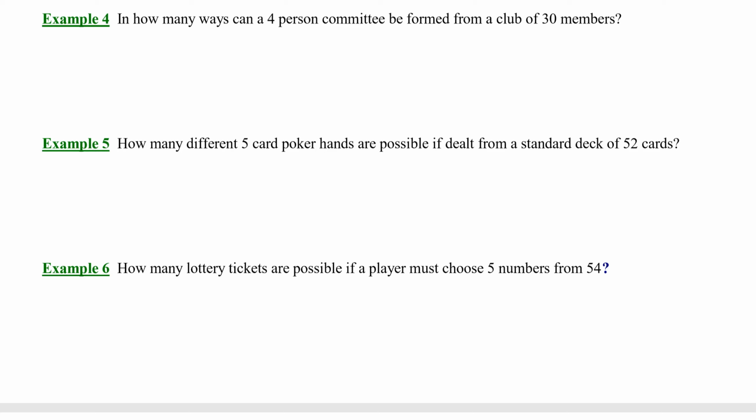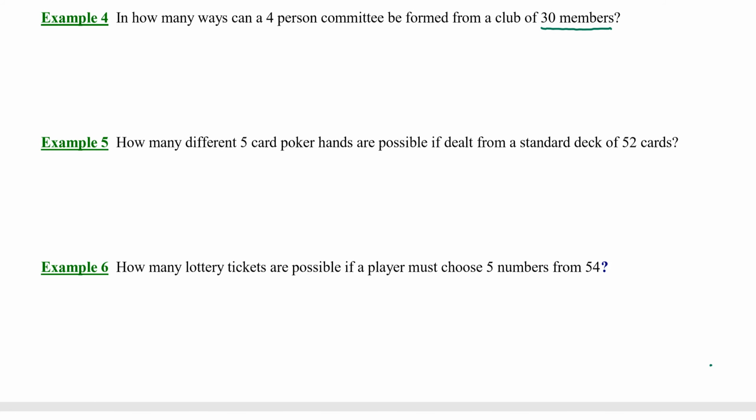So example 4 says, in how many ways can a 4-person committee be formed from a club of 30 members? Remember our club of 30 members where we selected president, vice president, secretary, and treasurer? Well, in that case, the order mattered, so we used a permutation.